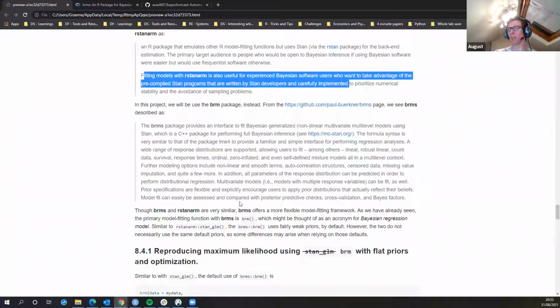So should we just crack on with this then? A wide range of response distributions are supported, allowing users to fit all different kinds of models, as we saw with the Bayes forecasting.